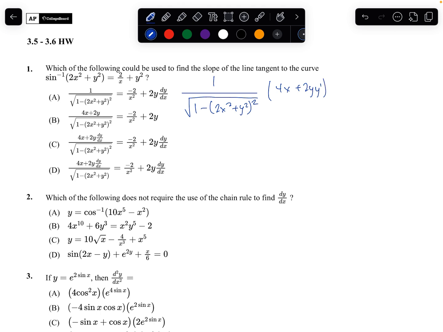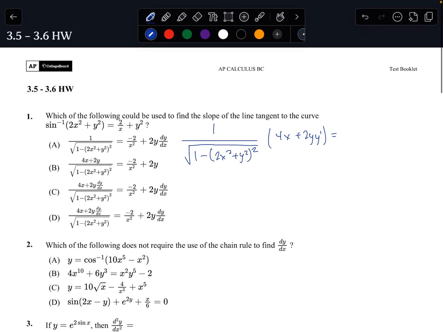And that's going to be equal to the derivative of 2 over x. Well, that would be the same as the derivative of 1 over x times 2, and the derivative of 1 over x is equal to negative 1 over x squared. So same derivative, just with 2. So negative 2 over x squared plus 2y y prime.